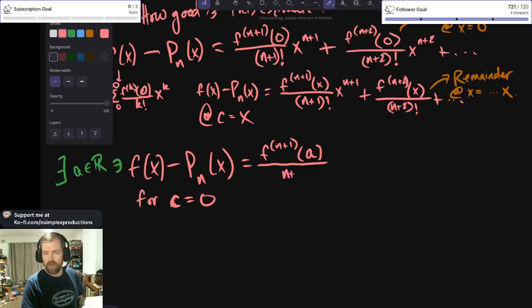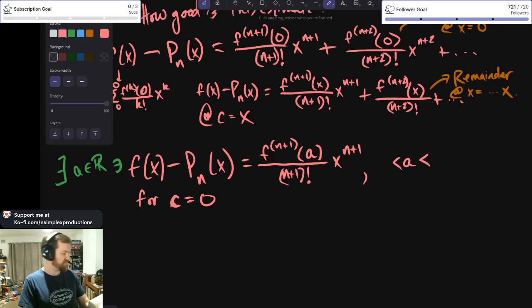Over n plus 1 factorial times x to the n plus 1, where our a is particularly between, equal to, or just strictly? They say strictly. Between 0 and that x value that we're looking for.